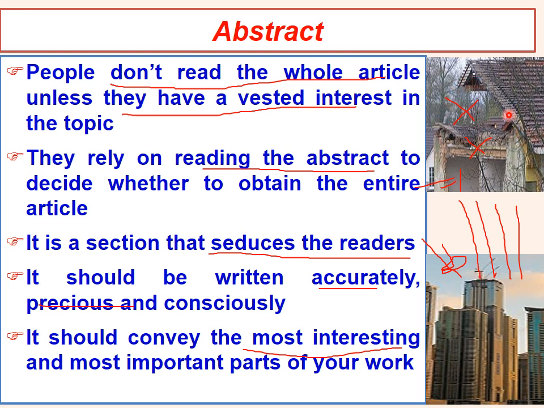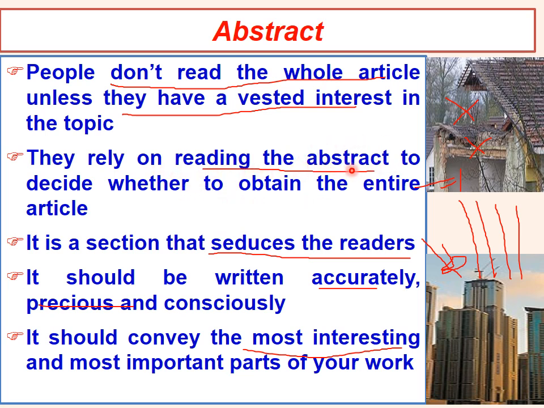Now, the physical or external appearance of a particular issue may attract people to it. Similarly, in writing an abstract, people usually do not read the whole article. They do so only if they have a certain interest in it. But what they do is simply read an abstract.